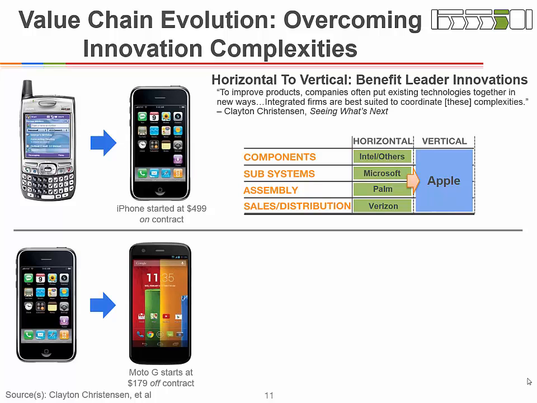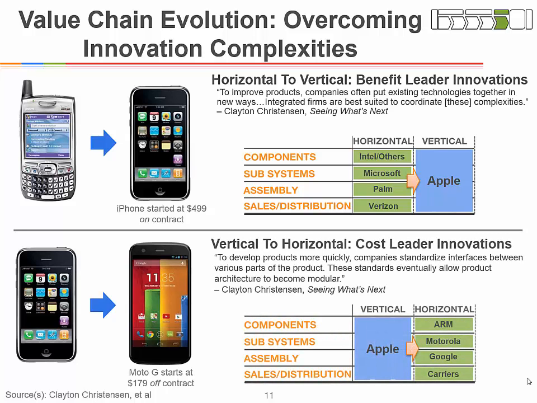Apple. Now, what that does is, by having all of those different functions done by different parties, it actually enables specialization, which drives down costs a lot. You might think, well, if one company could do it, that could drive down the cost. It's actually the reverse. If many people specialize in their specific portion of a product, that's what really drives out cost. And in this case, we experienced a shift from a vertical type of product or industry to a horizontal.